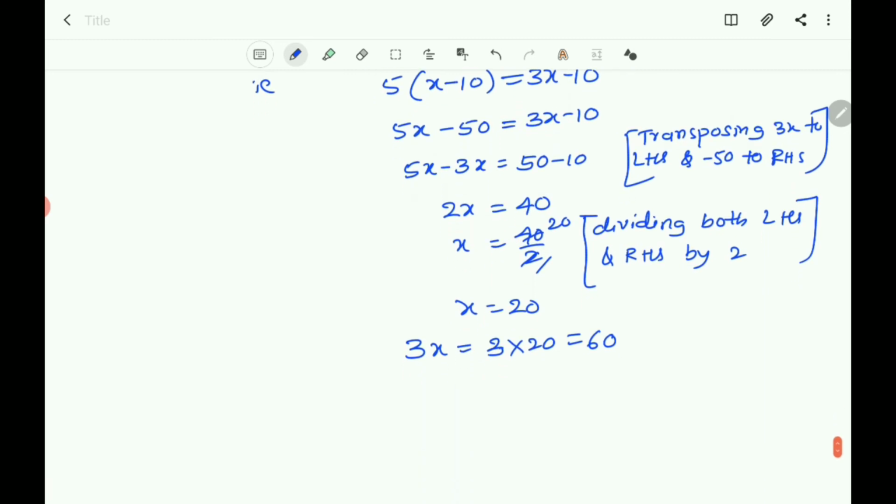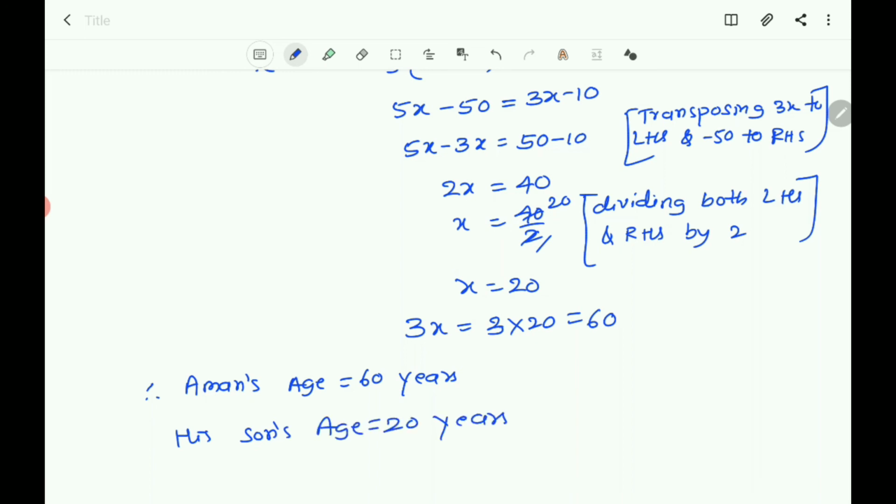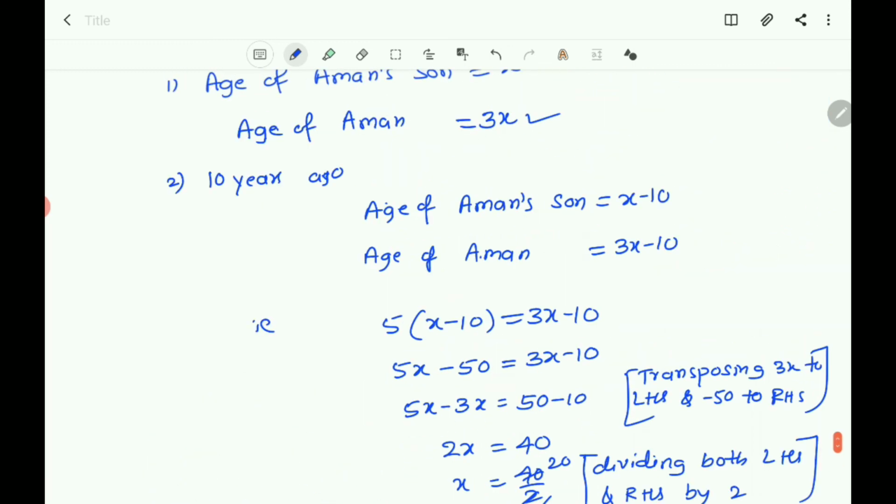Therefore, Aman's age equals 60 years. His son's age equals 20 years.